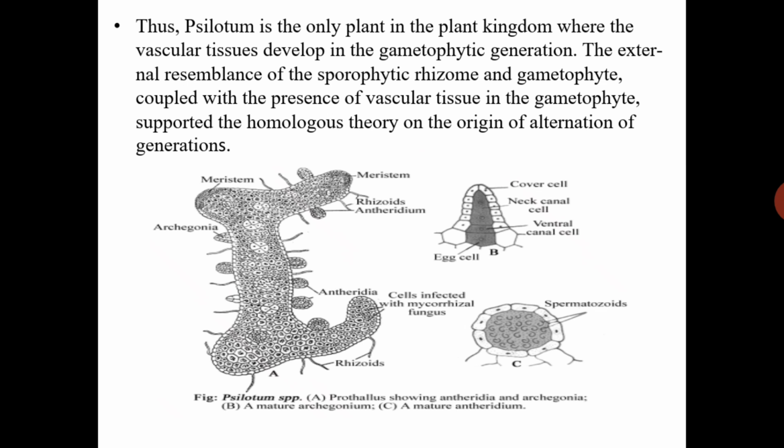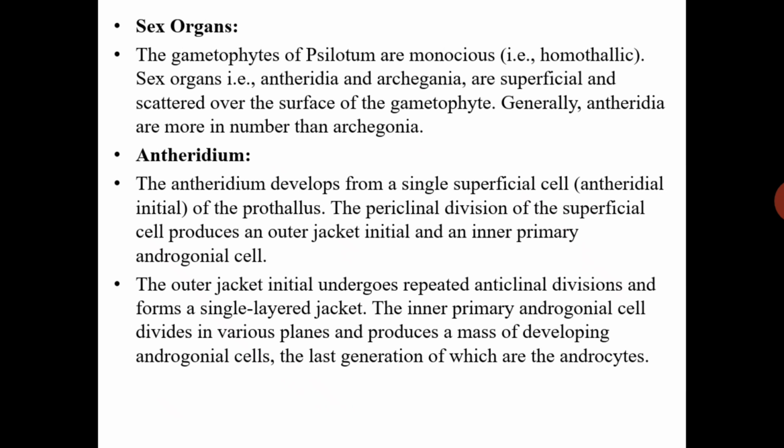The external resemblance of the sporophytic rhizome and gametophyte, coupled with the presence of vascular tissues in the gametophyte, supported the homologous theory on the origin of alternation of generation. Alternation of generation is nothing but the sporophytic and gametophytic generations.